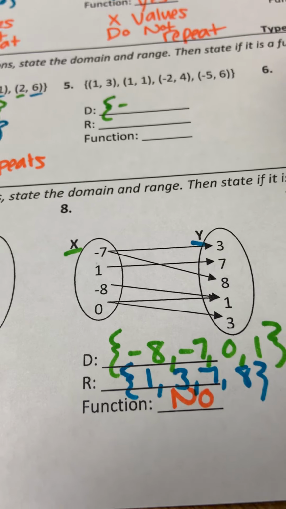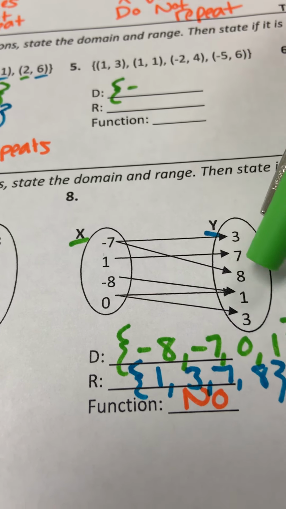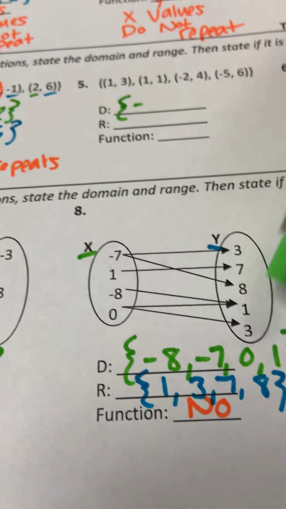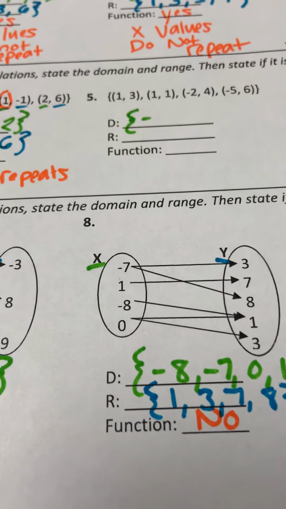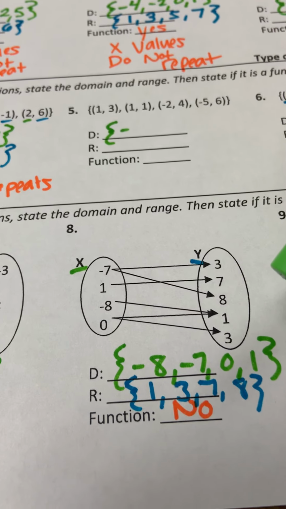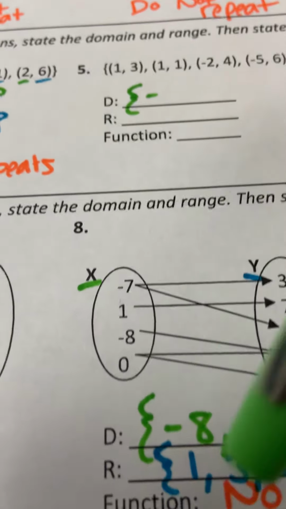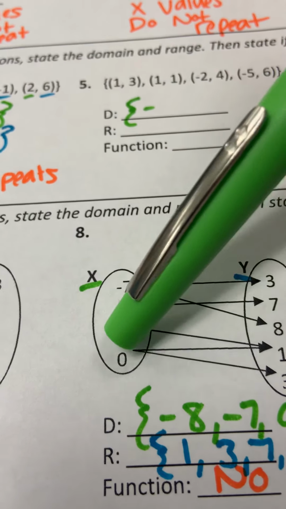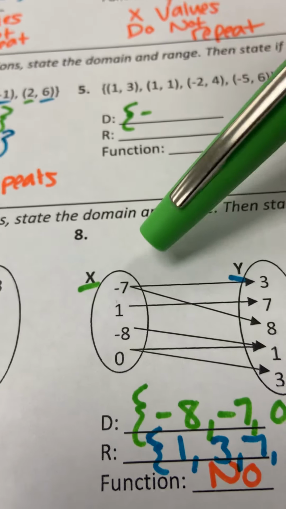And then our range in order from least to greatest is 1, 3, 7, 8, because I do not need to write that repeating number more than once. It is not a function because, again, this -7 has 2 arrows coming out of it, and also 0 has 2 coming out of it. So that means that these X values happen twice.